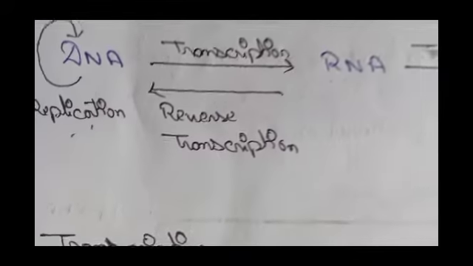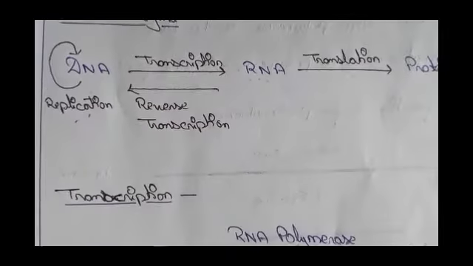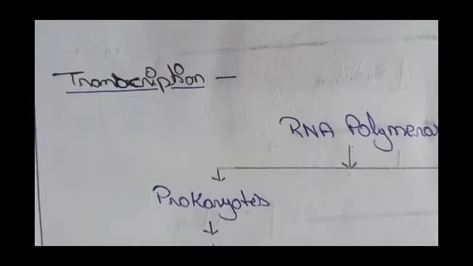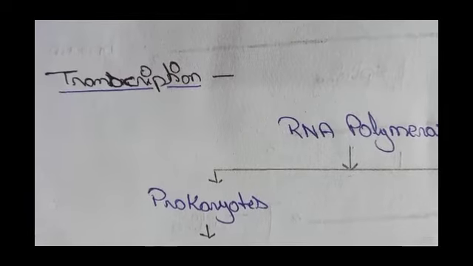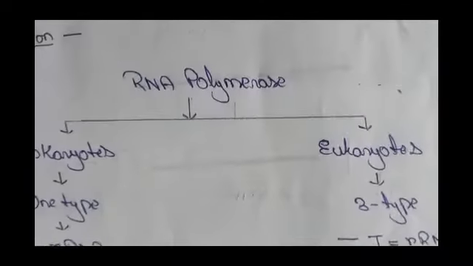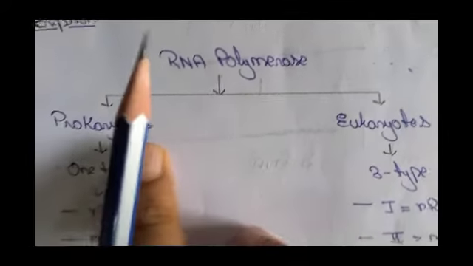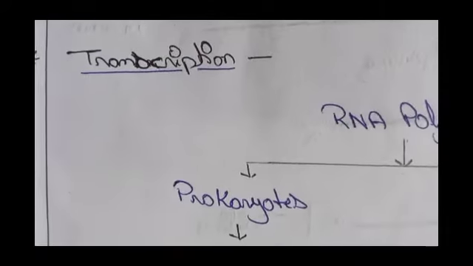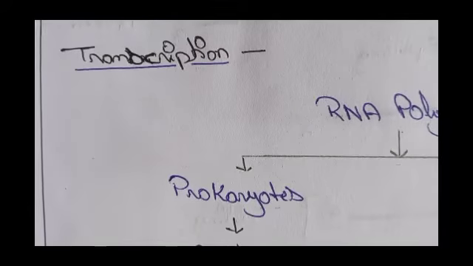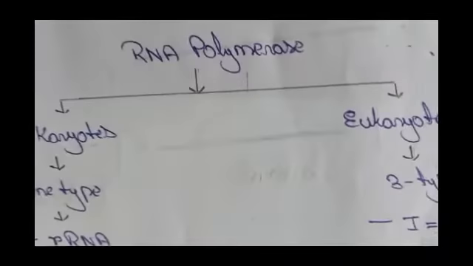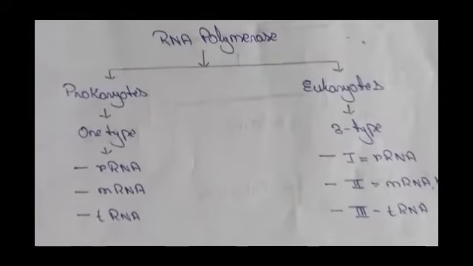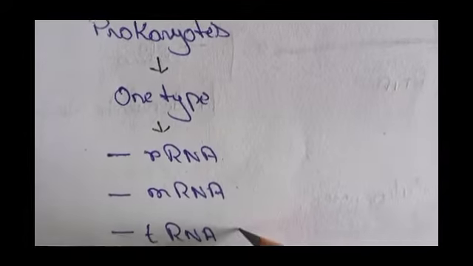Okay, so how does the transcription process occur? For transcription we take RNA polymerase. For prokaryotes there is one type of RNA polymerase, which can transcribe the three types of RNA: rRNA, mRNA, and tRNA.